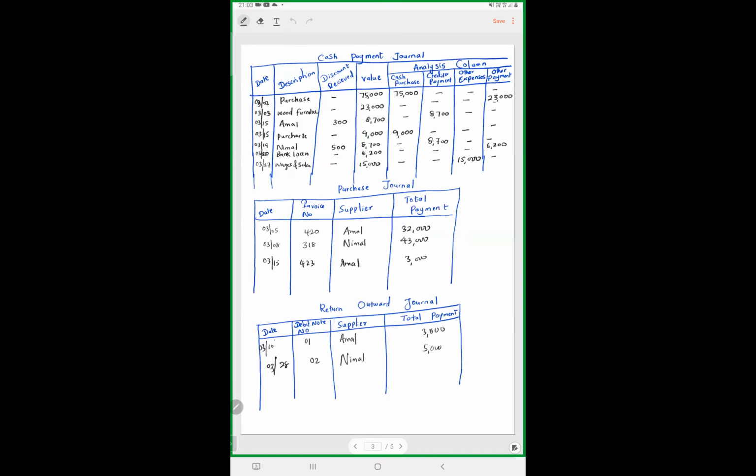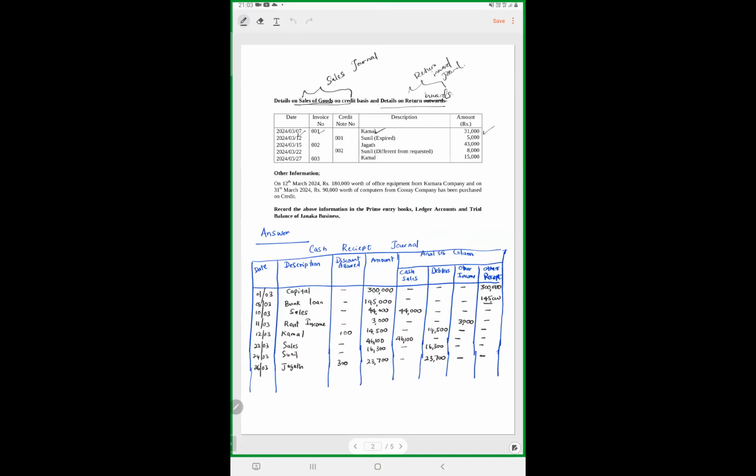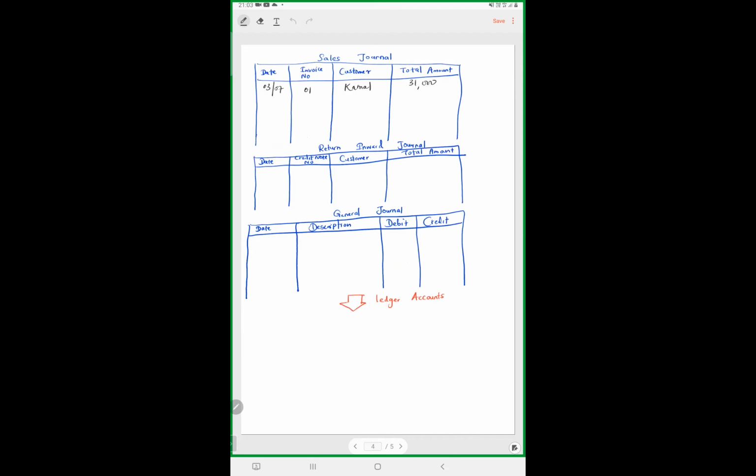Then next one, the customer has returned goods to us. The customer name is Sunil. The date is 12th March, credit note number 1. The amount is 5,000. So we need to record it under the return inwards journal.